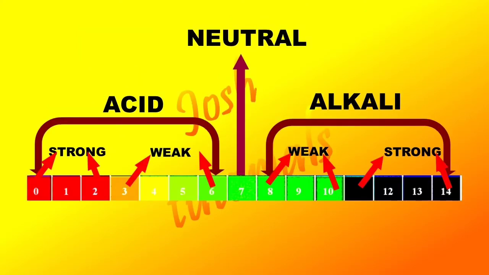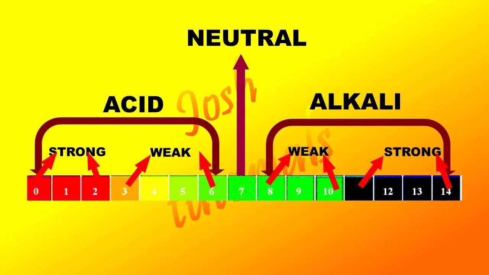Universal indicators show different colors for different ion concentrations. Look at the table. 0, 1, 2 means it's a strong acid. If pH is 3, 4, 5, 6, it's a weak acid.